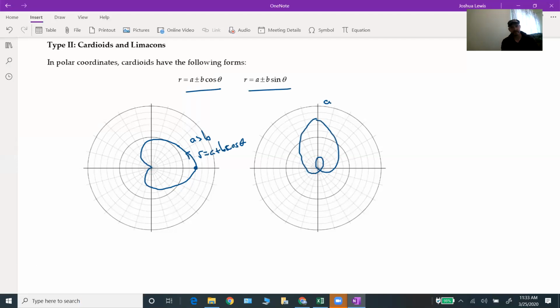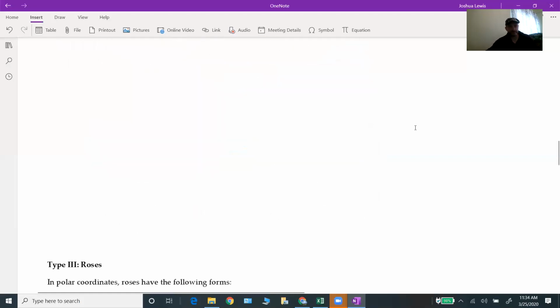And so we'd have A plus B sine theta, and in this case, we would have A is less than B. So it gives us that loop in there, okay? And so cardioids and limaçons have that form A plus or minus B cosine or sine theta.